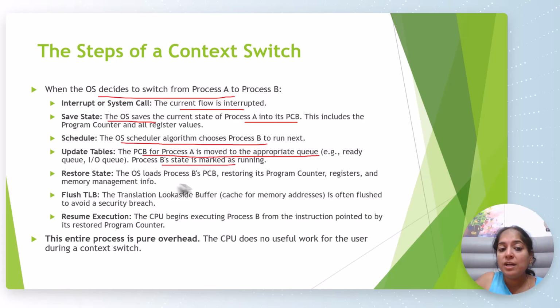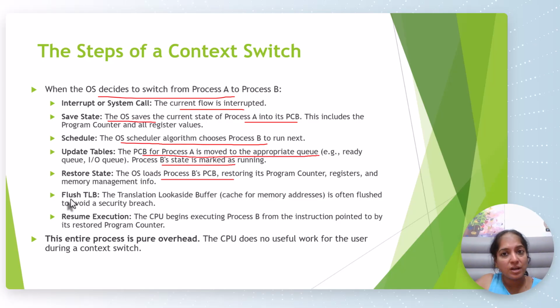You need to load the PCB of process B so that the CPU will know up to what state it has been executed, what the status of process B is. You need to flush the TLB. TLB is the translation lookaside buffer. It is basically a cache memory.